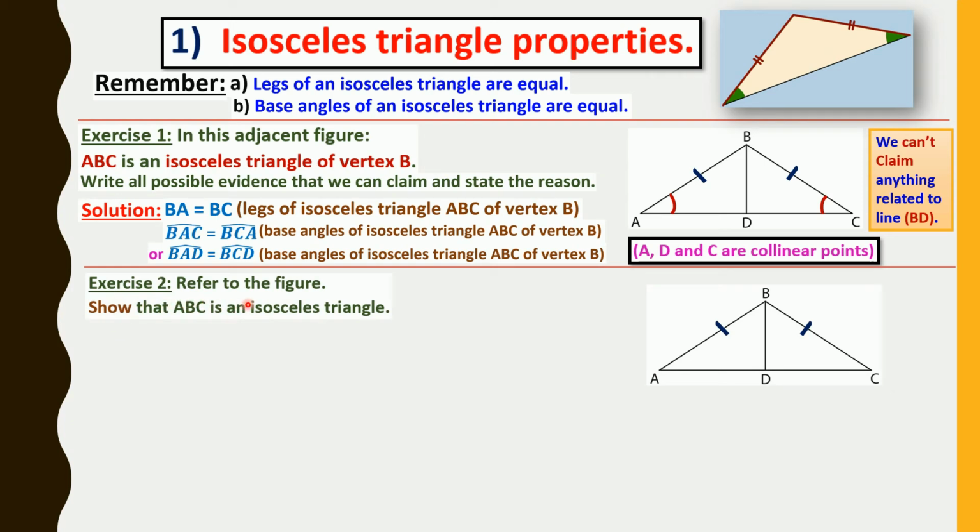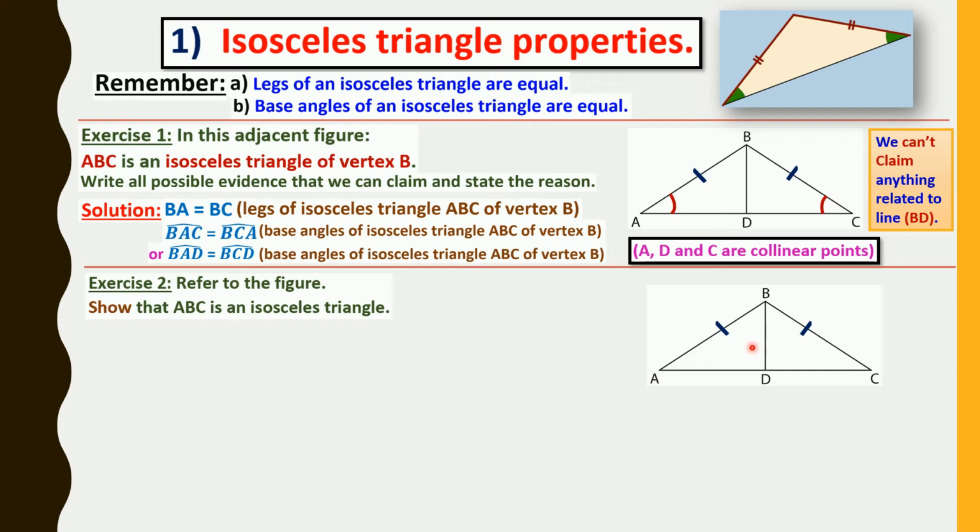Exercise 2, refer to the figure and show that ABC is an isosceles triangle. So in this figure, we don't know the fact that the triangle ABC is isosceles yet, but we know, looking at the codes, that BA equals BC. And to prove that a triangle is isosceles, either we prove that it has two equal sides or that it has two equal angles.